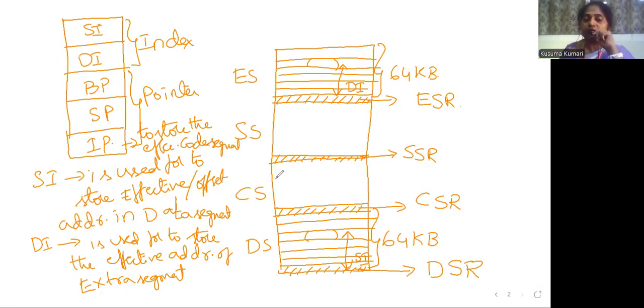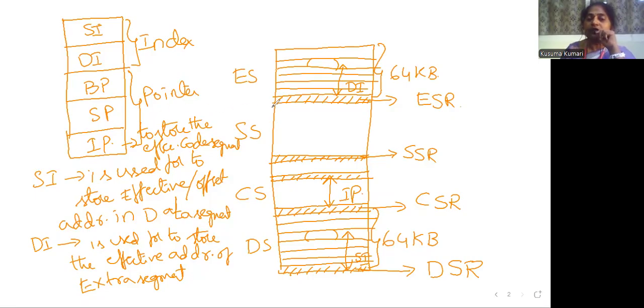That means suppose this is one particular memory location in the code segment. In this code segment, the segment base is available in the code segment register, but the offset address is available in the instruction pointer. Then the stack pointer.